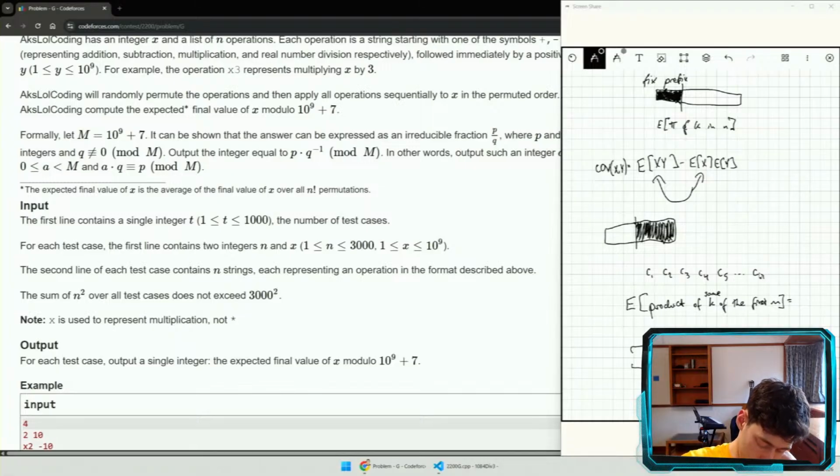So you know the answers to k minus 1 of n minus 1, k of n minus 1. And it'll be the sum of these multiplied by some coefficients.